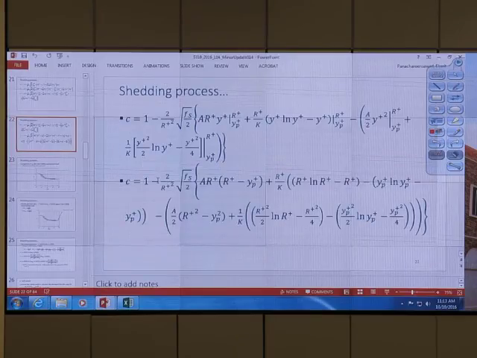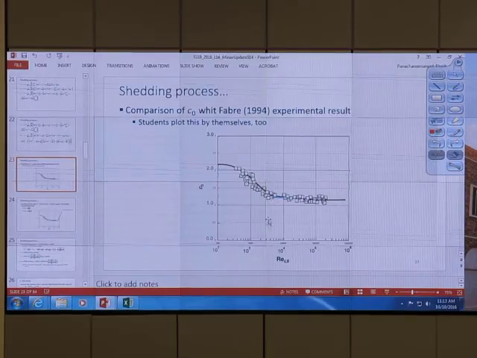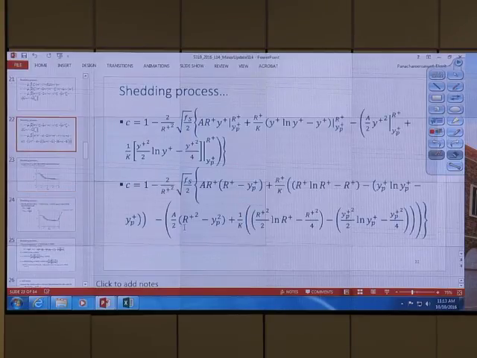Alright. So you get this equation, small c, right? So we have to plot it against the Reynolds number in the slug body. How can the Reynolds number in the slug body have anything to do with this? We will change R plus. What's this?